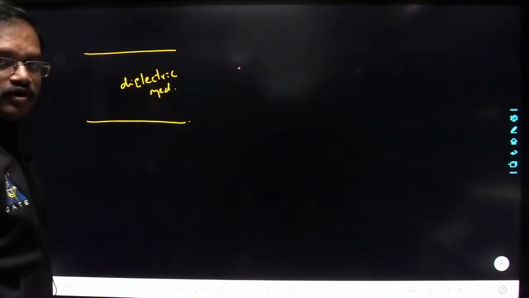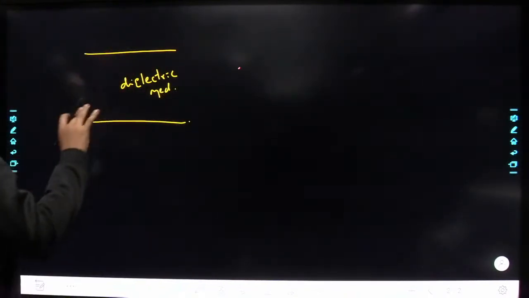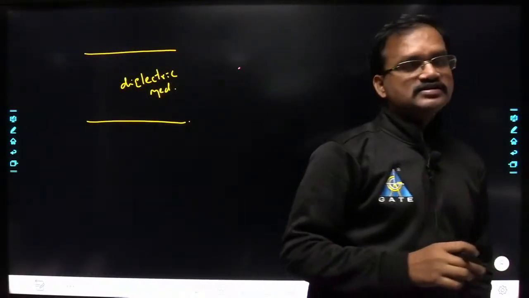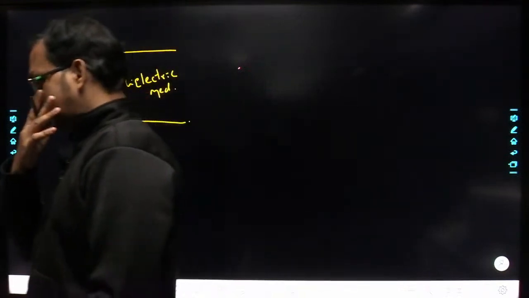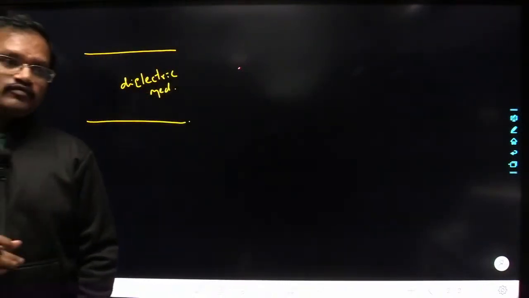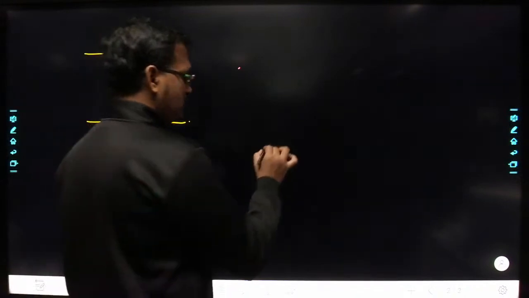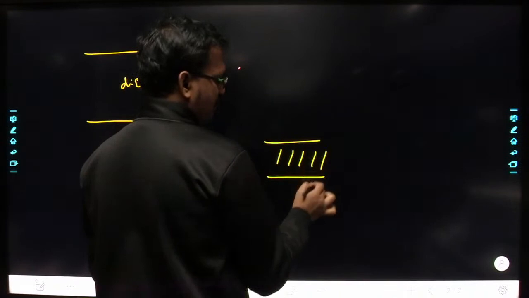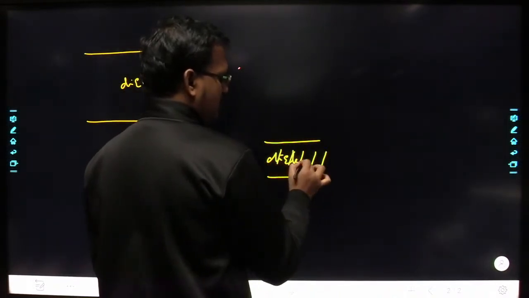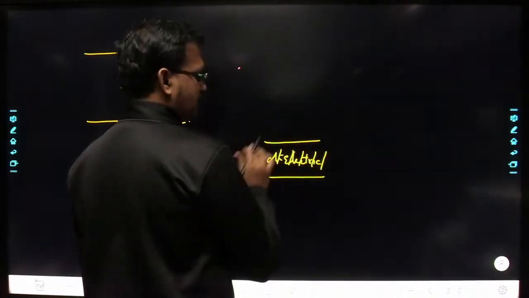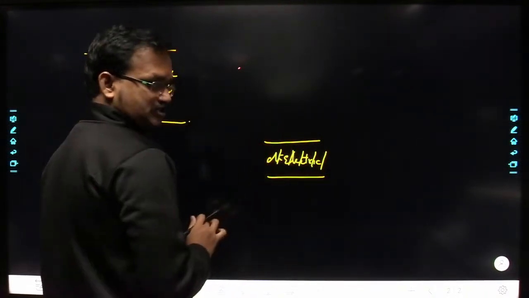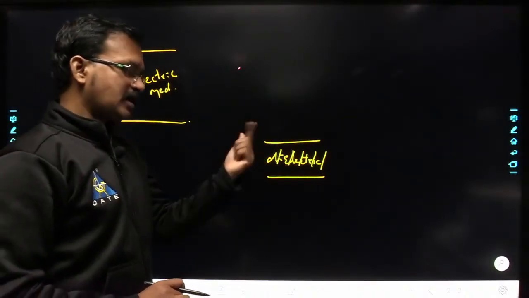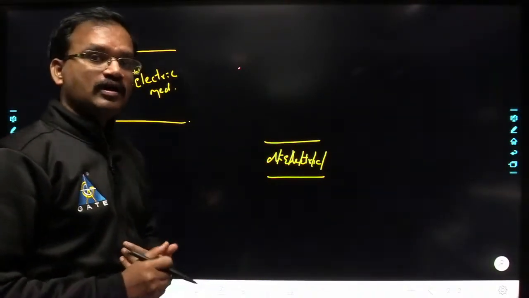Whenever you have two conductors, maintained at two different potentials and separated by some dielectric medium, will they offer capacitance or not?